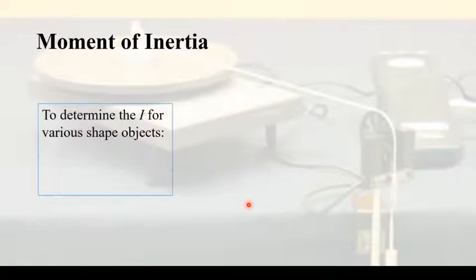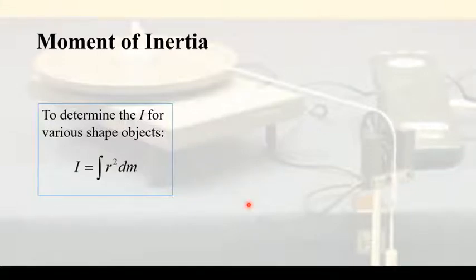Now, just now we have a general equation. I equals summation m_i r_i squared. It depends on the moment of inertia from every particle. But it is quite impossible for us to add up the moments of inertia of every single particle inside a rigid body. Why? Because they have various shapes. So in order to calculate I for various shapes of objects, we use integration.